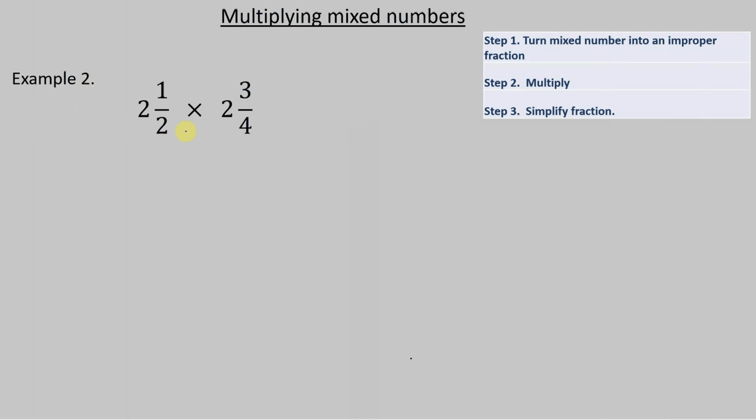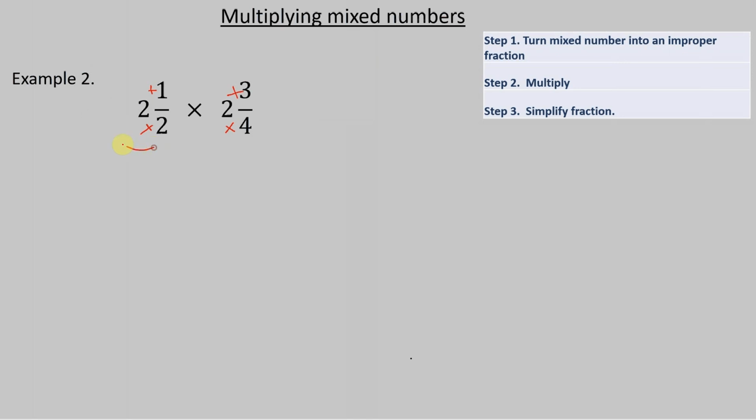Move on to the next example. We've got 2 1/2 times 2 3/4. So again, we're going to turn this into an improper fraction, and when we do this, we go clockwise.